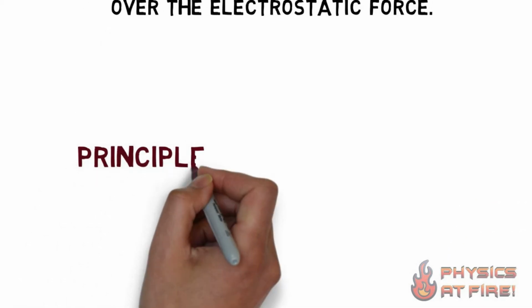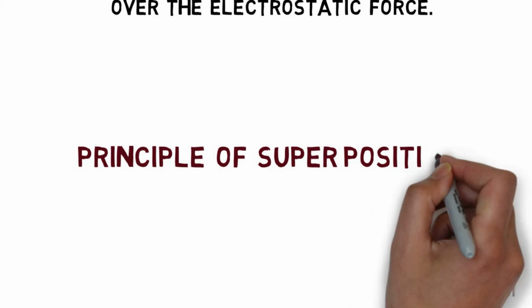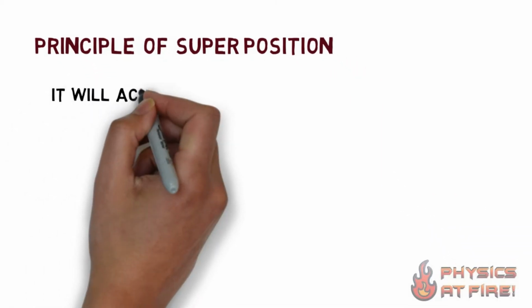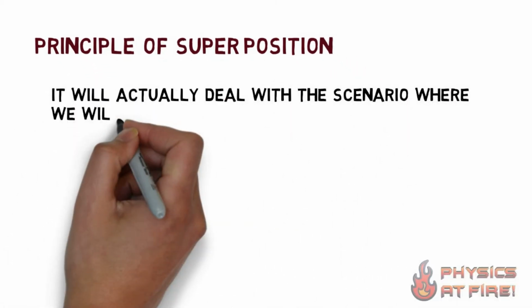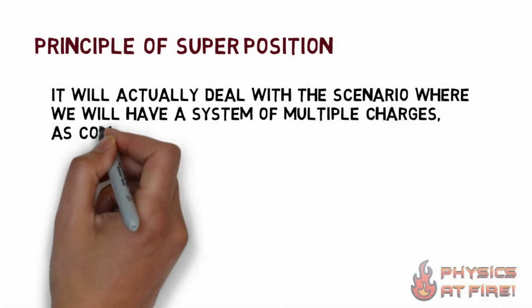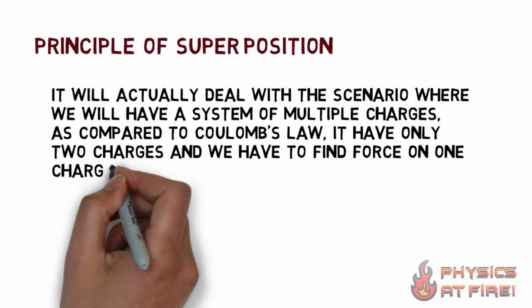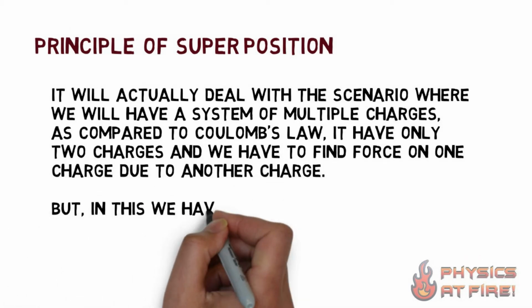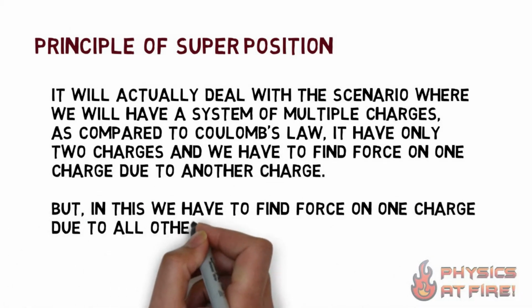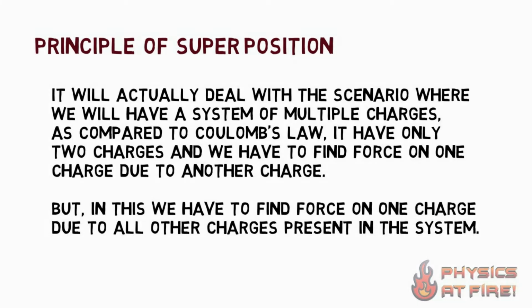Now, let's start with the principle of superposition. It deals with the scenario where we have a system of multiple charges, as compared to Coulomb's law, which has only two charges and we have to find the force on one charge due to another charge. But in this, we have to find the force on one charge due to all other charges present in the system.